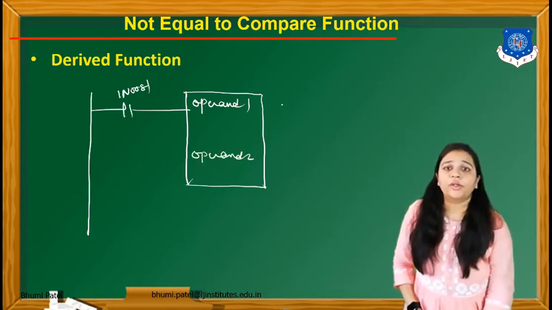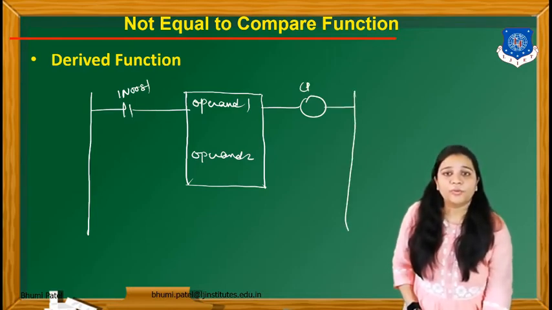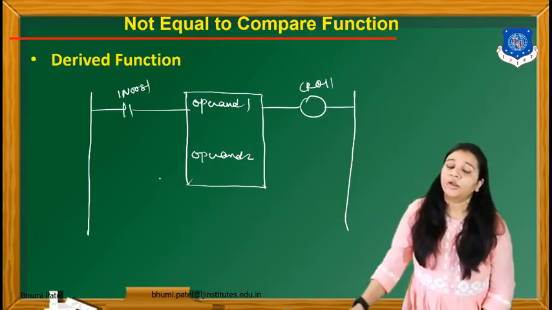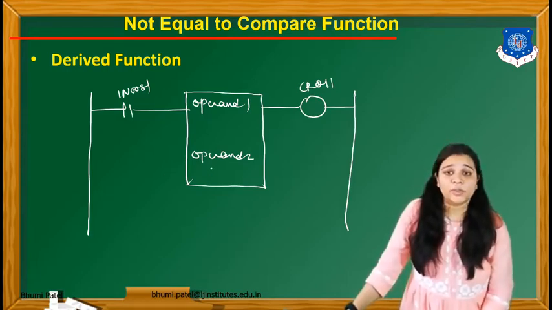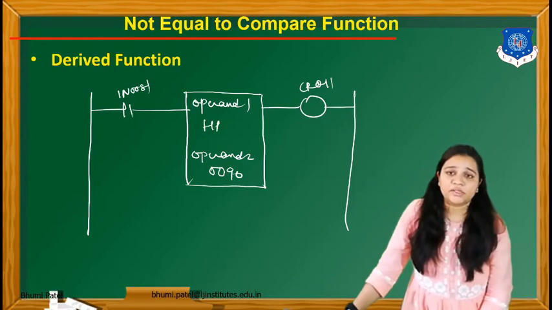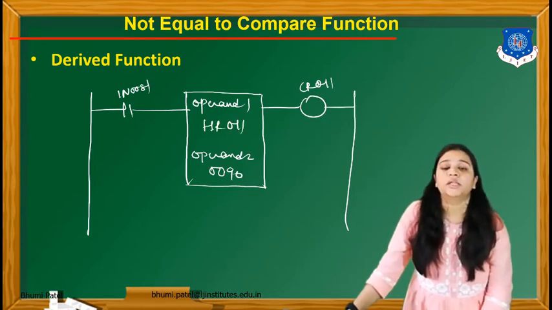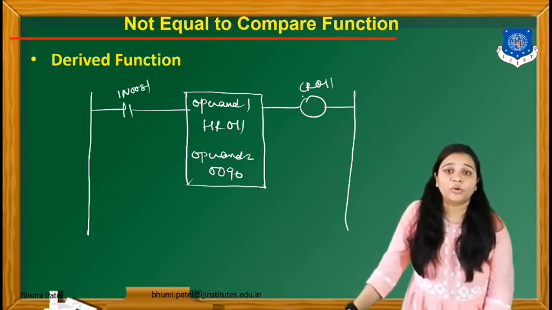We take one output coil, suppose named CR011. Now we derive the function for not equal to. Suppose in operand number 2 the number is 0090, and in operand number 1 we take one register, HR011. Using the equal to function, we derive the not equal to compare function.